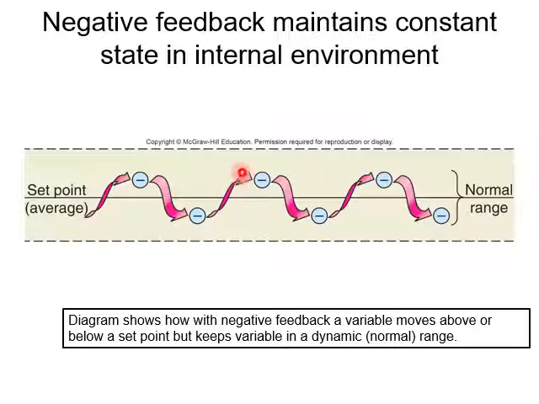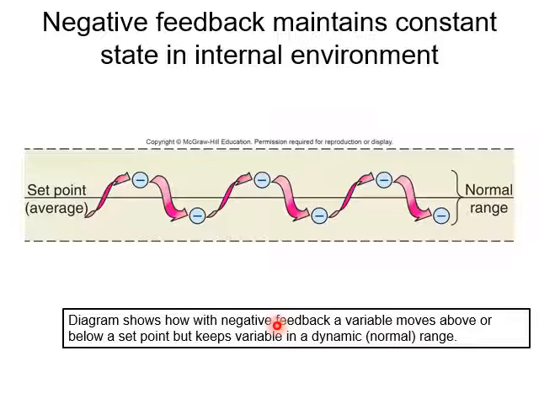Once it gets too high, with negative feedback, okay, it stops, blood pressure starts dropping, gets too low, we get our response, and we go back up. Once we hit within the range, negative feedback stops it, and it drops. So we can see it just vacillates through these variables. Okay. So negative feedback is homeostatic.